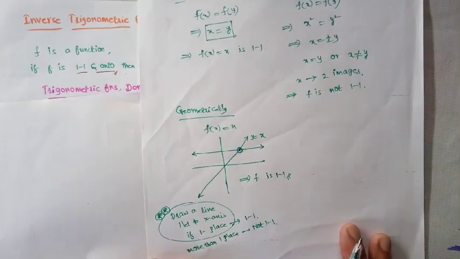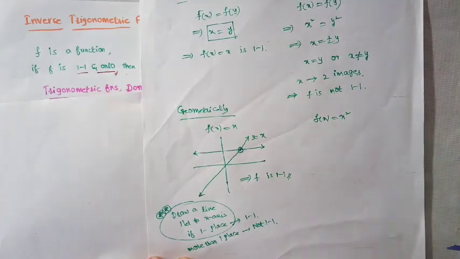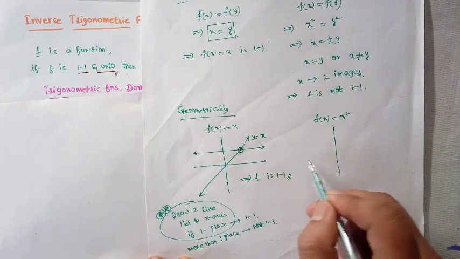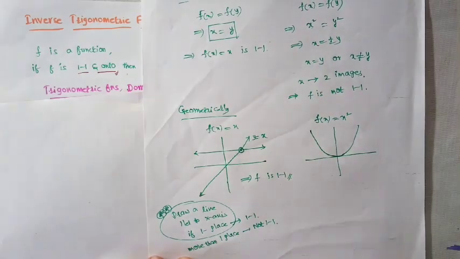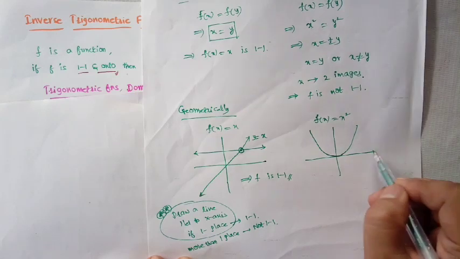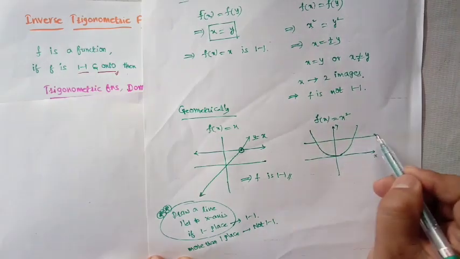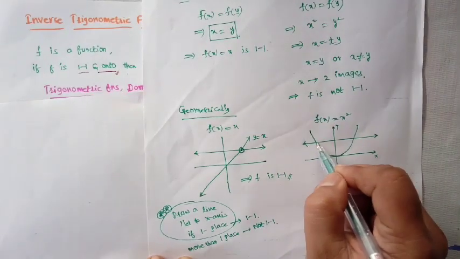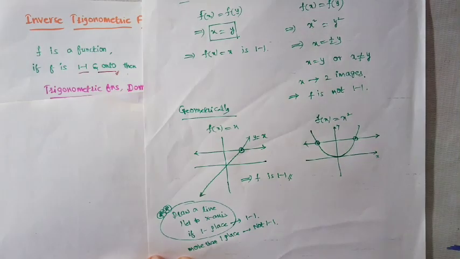Now coming to the second, f of x is equal to x square. We already know it's a parabola passing through the origin. Same, drawing a line parallel to x-axis, this line is intersecting the graph in two different places.